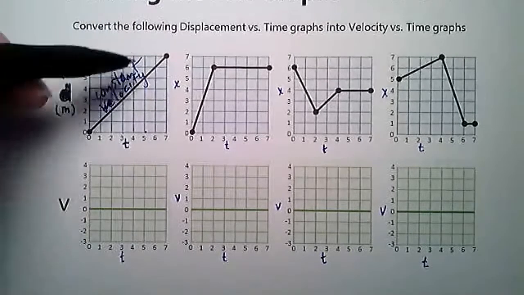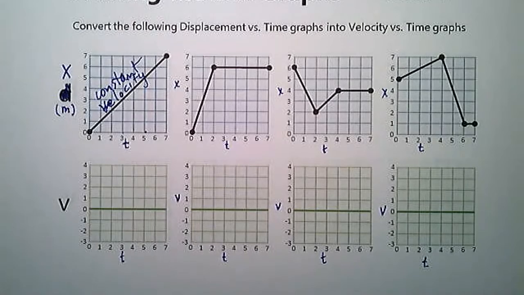Anytime you see a graph of x versus t with a straight line on it that is not horizontal, a line that's at an angle, it's going to be constant velocity.